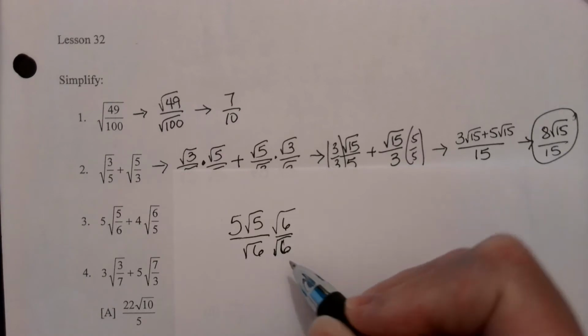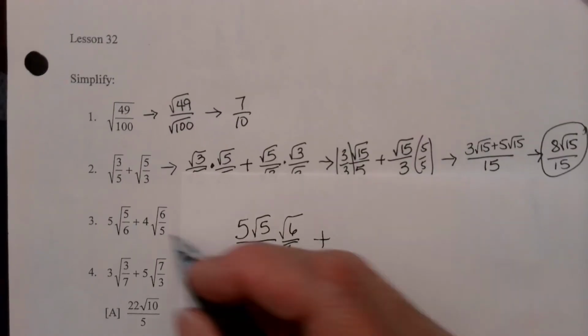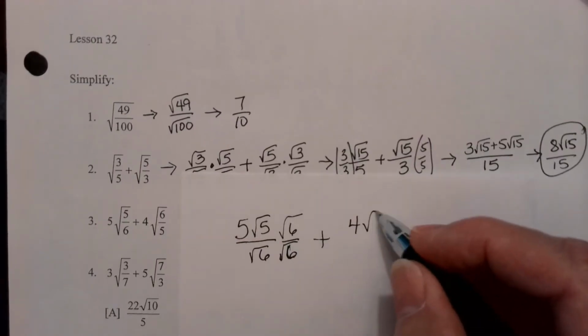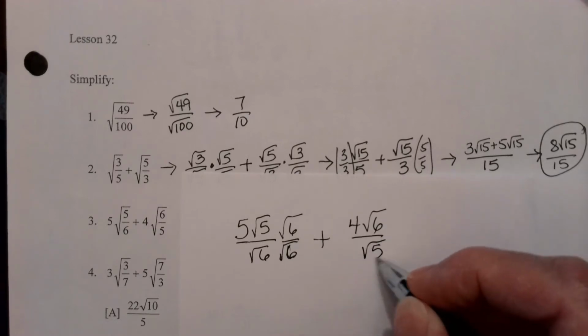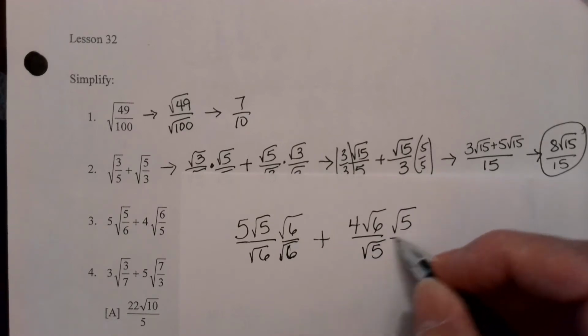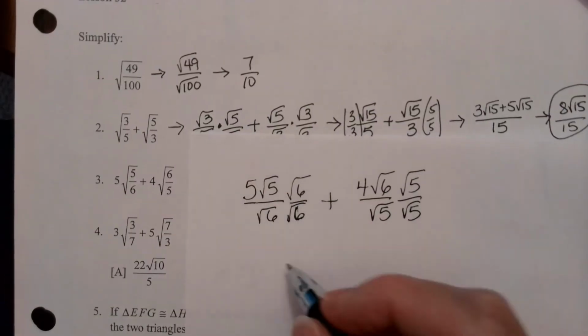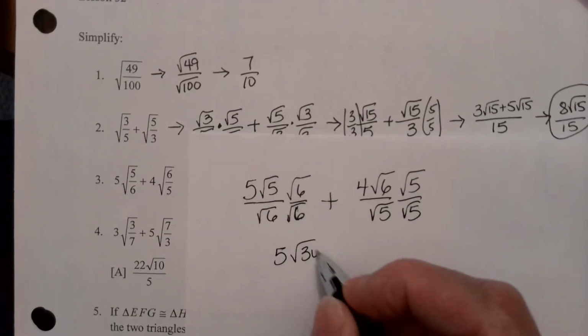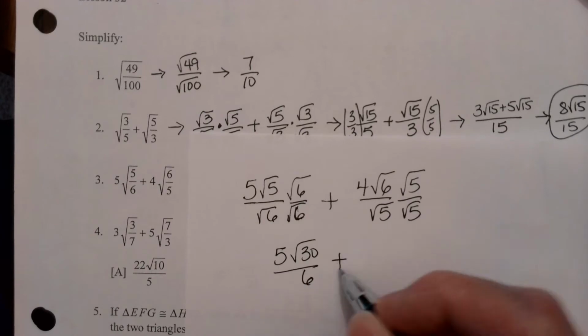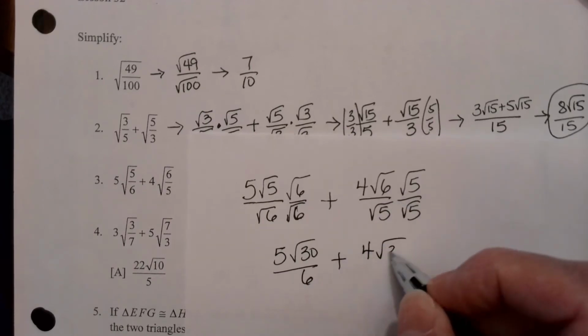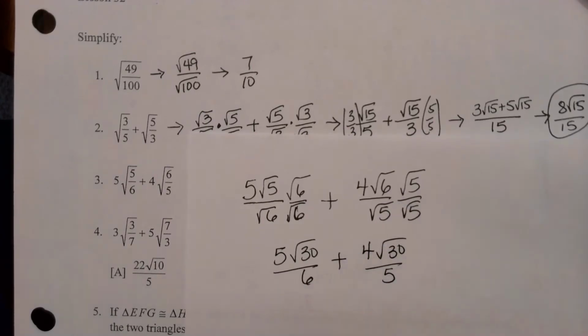Sorry, square root of 6 over square root of 6. This one is going to be 4 times the square root of 6 over the square root of 5. Then multiply it by the square root of 5 over the square root of 5. Okay? So the top here is going to be 5 times the square root of 30 over 6. This is going to be 4 times the square root of 30 over 5.